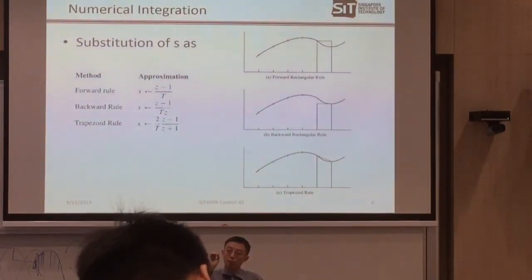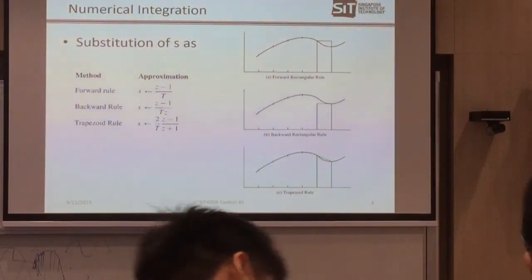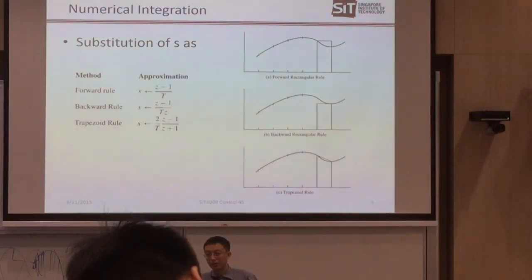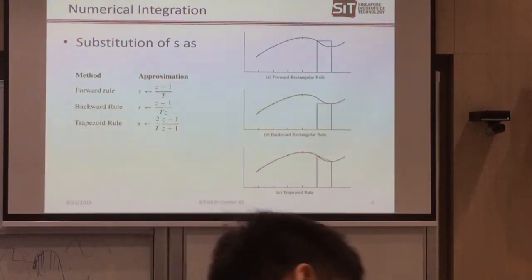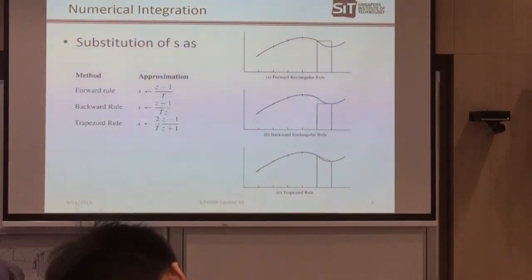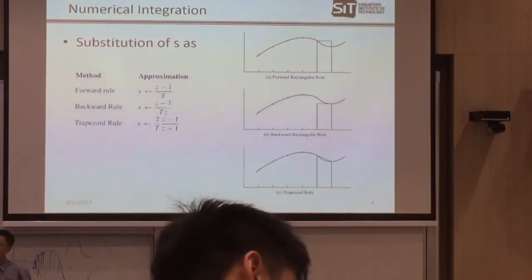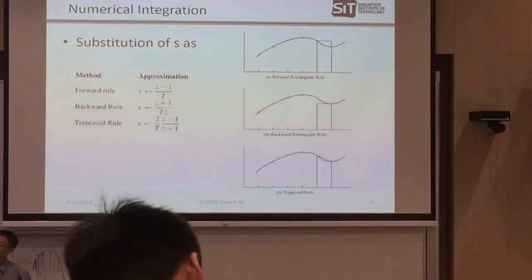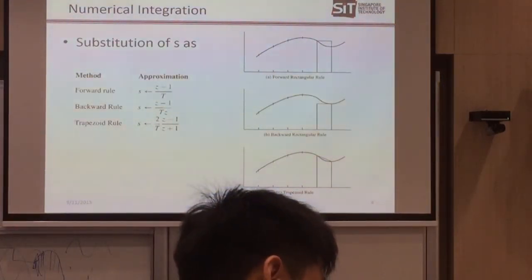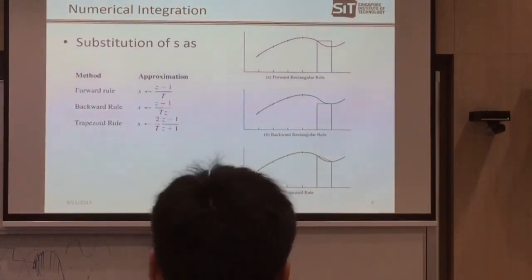Because your S operator in your continuous time domain means differentiation. Then for differentiation, you have different ways to approximate it: Euler forward, Euler backward, trapezoidal. And for any of the three, you have the approximation of differentiation by difference equation.